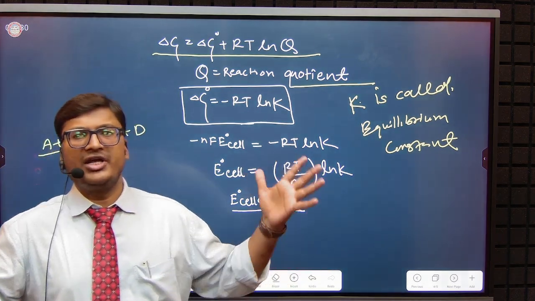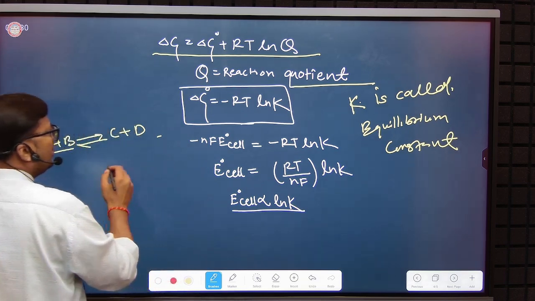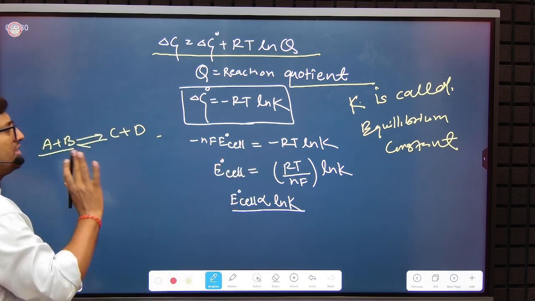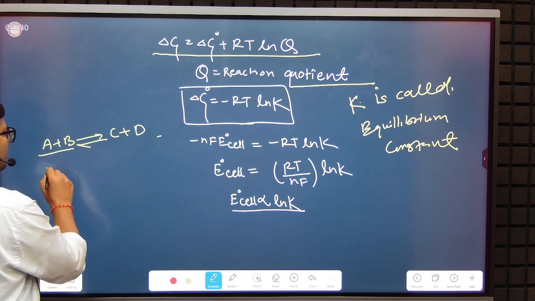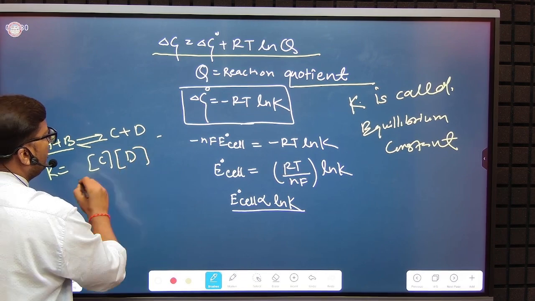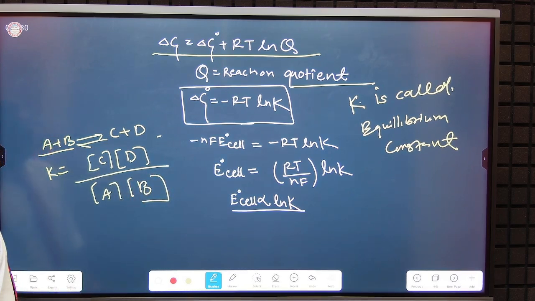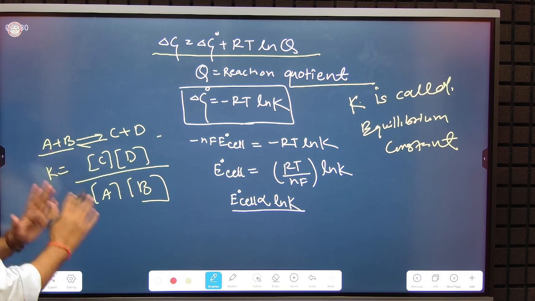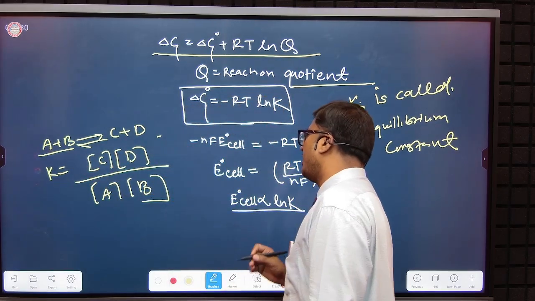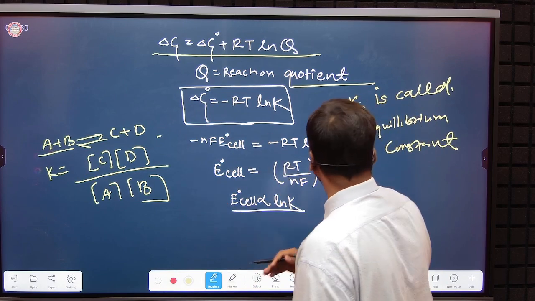So if a redox reaction is reversible, the process involves an equilibrium constant, and K is the concentration of C multiplied by the concentration of D, divided by the concentrations of A and B, right? If K is very high, the reaction is occurring in the forward direction, and if K is low, the reaction is occurring in the backward direction, right?